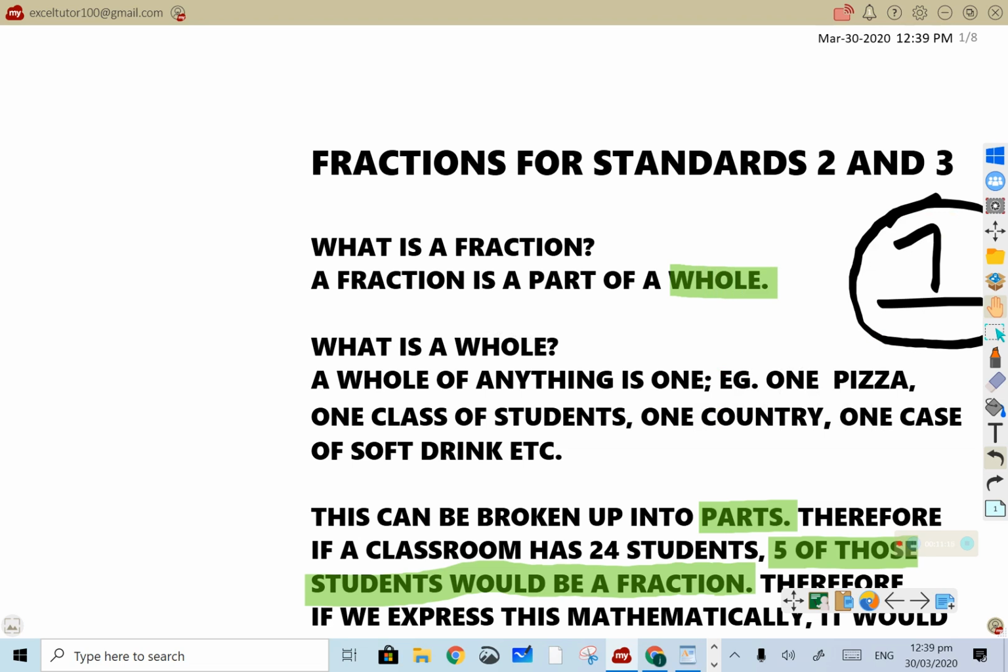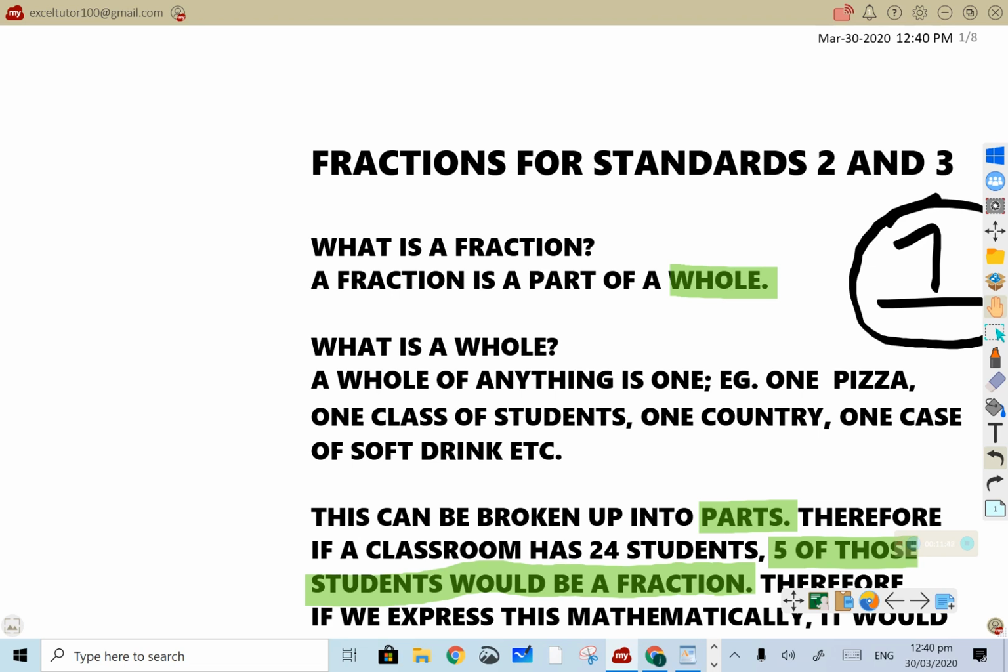A fraction is a part of a whole. So a whole could be a case of water, a whole could be a pizza divided into different parts, whether it be 8 parts or 12 parts. A whole could be a class of students, so 24 students. A whole could be anything that you buy in the grocery.